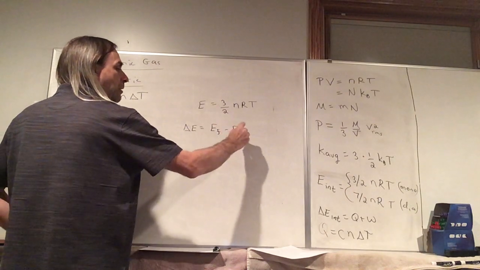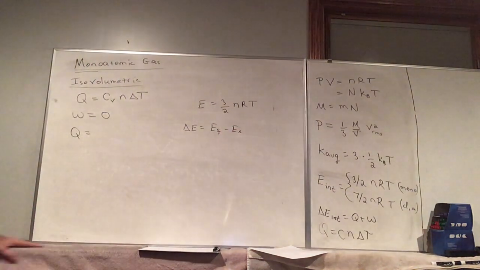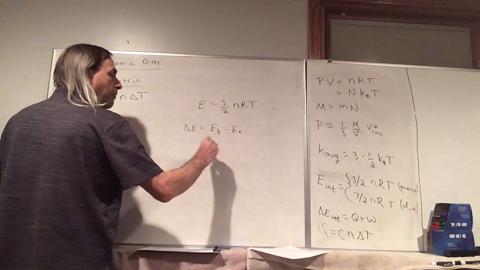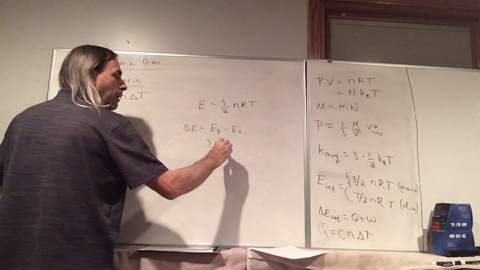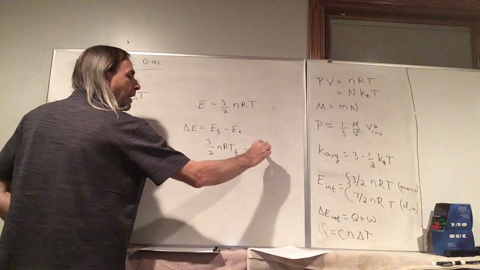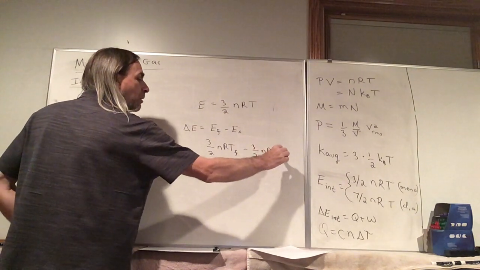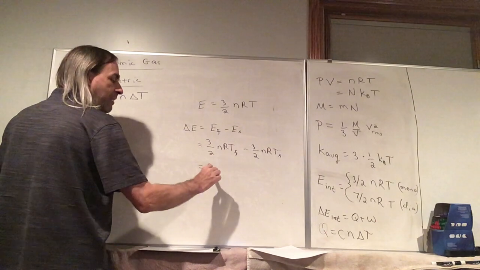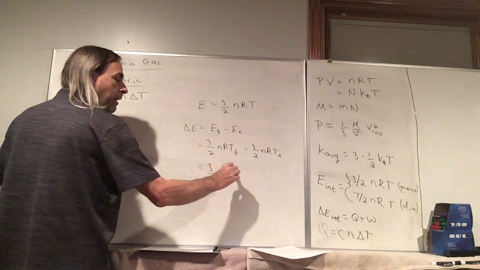Delta E, I'm going to work through the algebra just one time. Very easy to bypass this algebra. But the change in energy, that'd be like the final minus the initial. So we'd have 3/2 nRT final minus 3/2 nRT initial. And we can factor out this 3/2 nR.